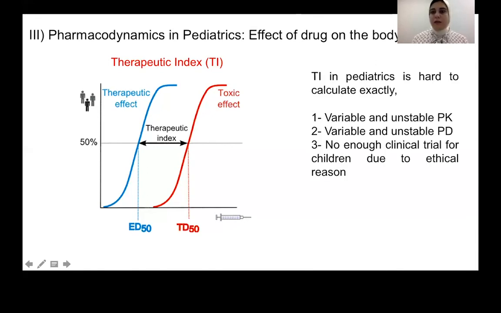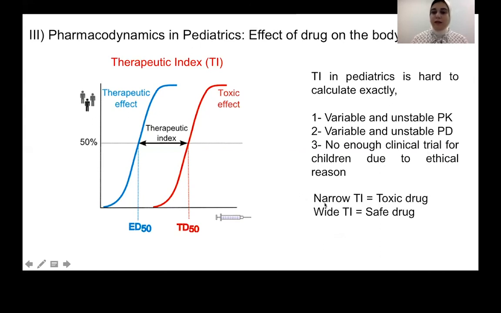So, why is the therapeutic index in pediatrics hard to calculate? So, we can have variable and unstable pharmacokinetics. We can also have variable and unstable pharmacodynamics, and not enough clinical trials for children have been made because it's an ethical issue. We cannot, ethically, try drugs in children because they are still growing.